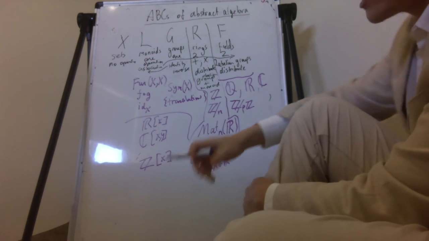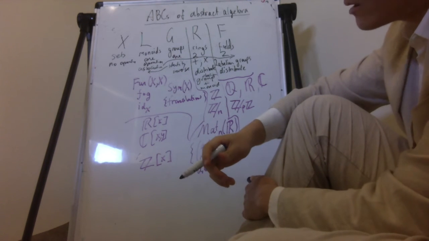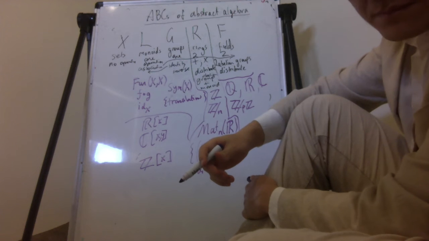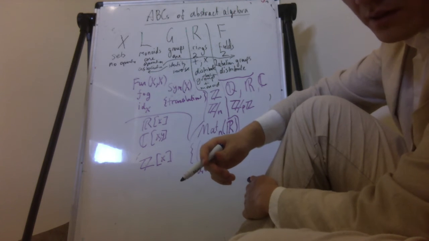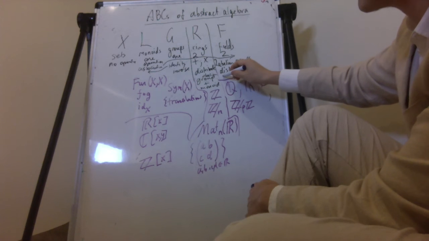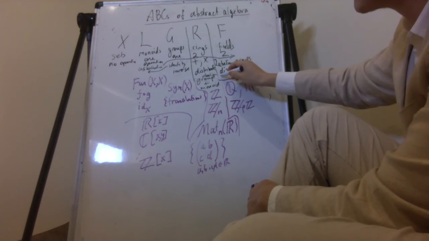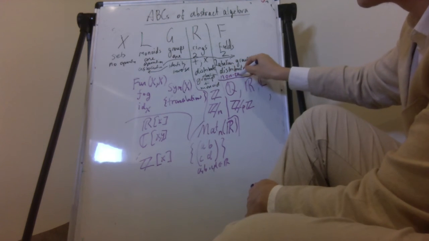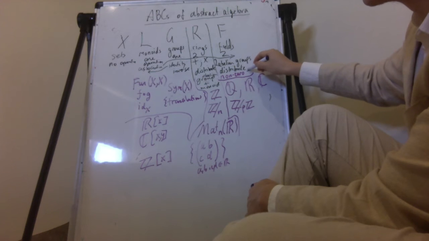So if you take mod p for a prime p, you actually get a field, right? So the thing about being a field is the non-zero elements have inverses. That's the definition, okay?